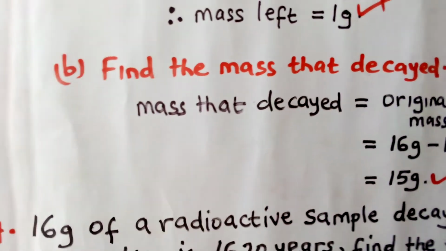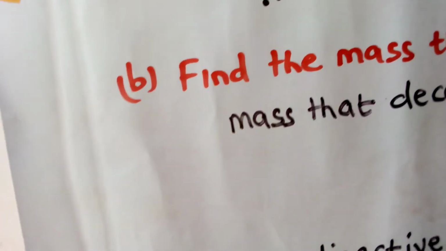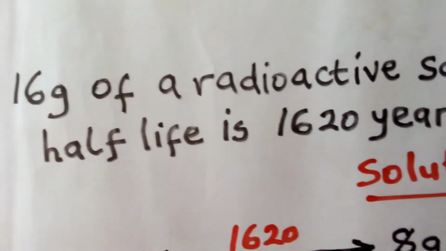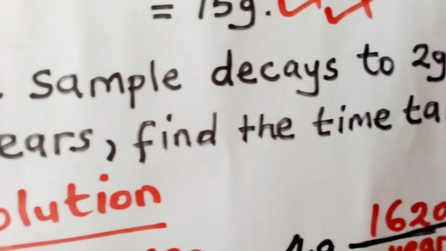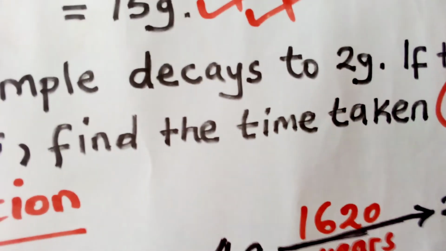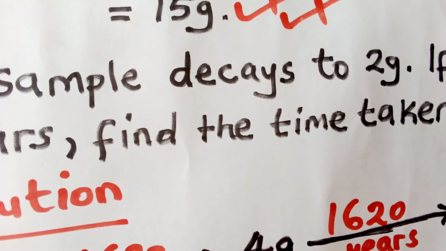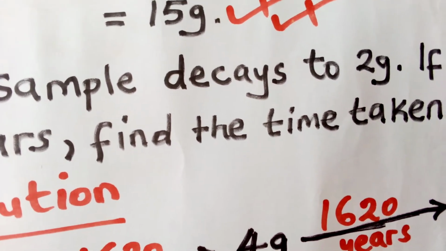Okay? Now, let's move on to question number 4. Question number 4 says 16 grams of a radioactive sample decays to 2 grams. You see? So they have given you the original mass and the mass which is left, from 16 grams to 2 grams.